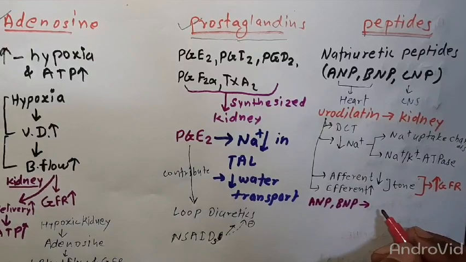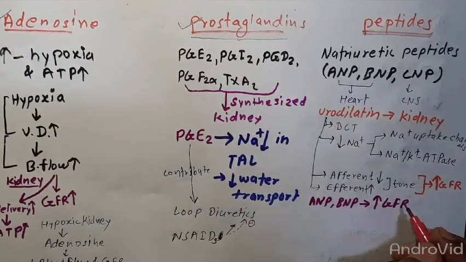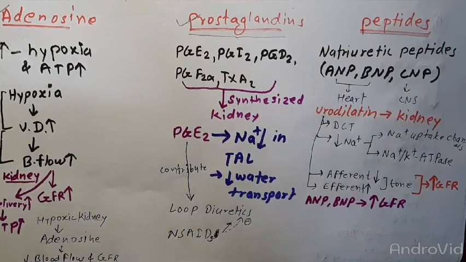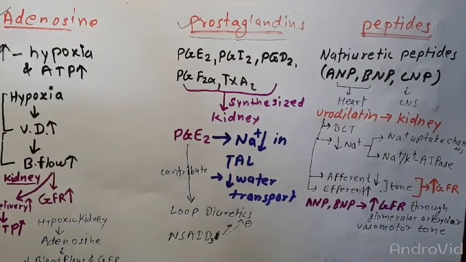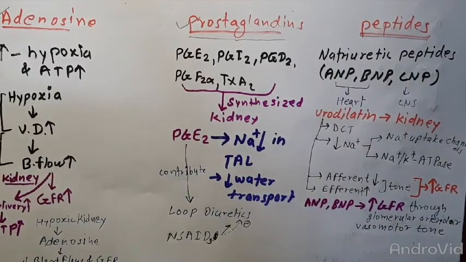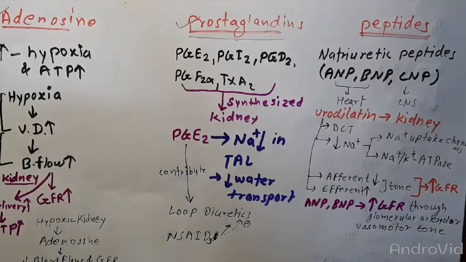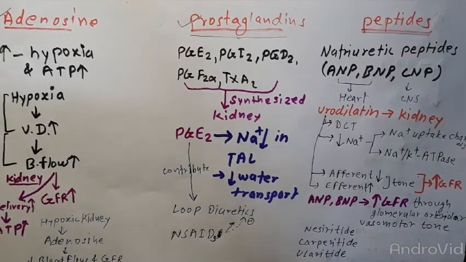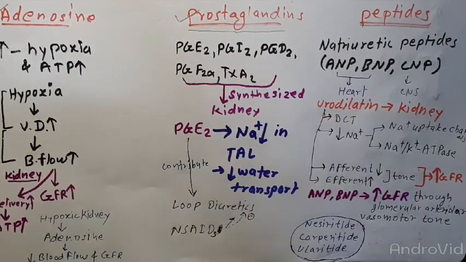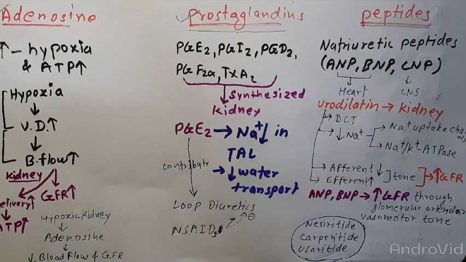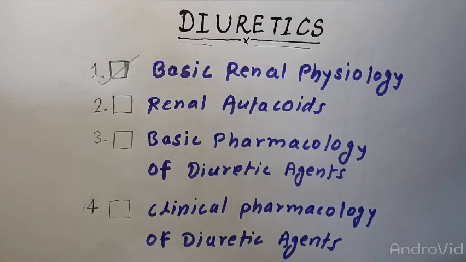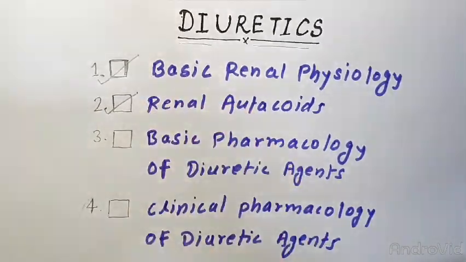The ANP and BNP increase the GFR through effects on glomerular arteriolar vasomotor tone, and also exhibit diuretic activity. The CNP has less diuretic activity. Three agents in this group, nesiritide, carperitide, and ularitide, are in clinical use or under investigation, which is not important to remember. So with this, we have finished the second part of our discussion.